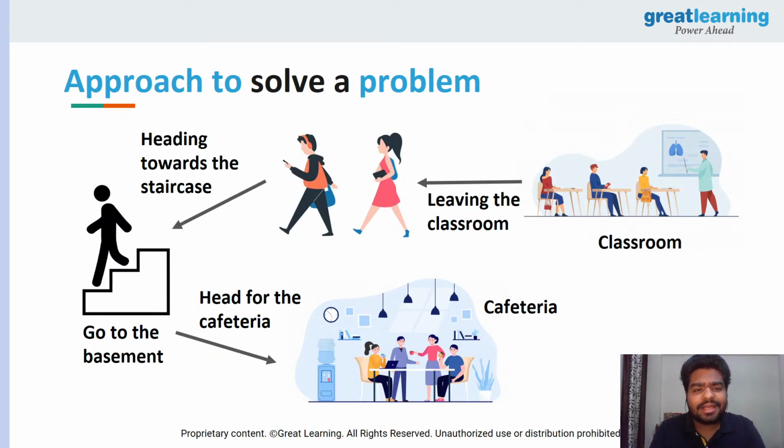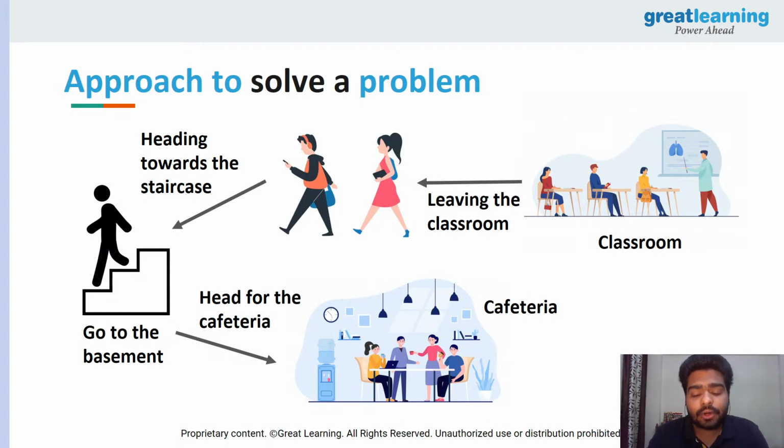This is quite a easy example, right? Why am I showing you this? Understand, a problem can be easy and difficult at the same time. Now suppose this problem is very easy, you know what to do. How come you know? That means you gathered all the information, that I have to leave the classroom, go to the staircase, then go to the basement, and then I can reach my cafeteria.